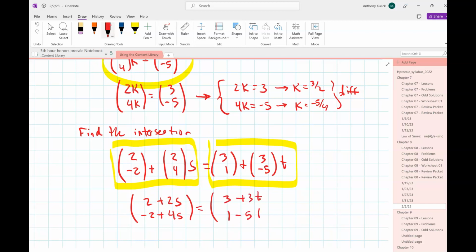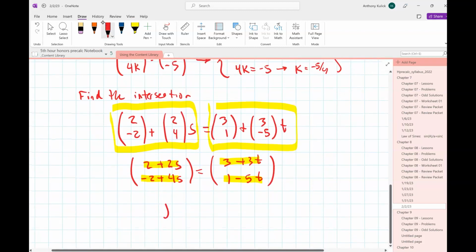And I do the same thing on the other side. And I know that two vectors are equal only if their components are equal, right? So that's going to form a system of two equations.